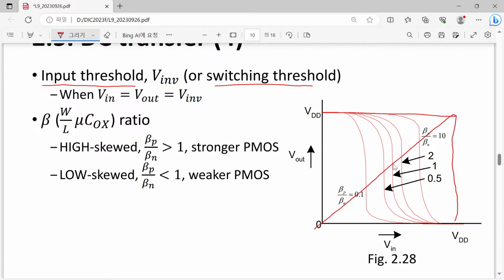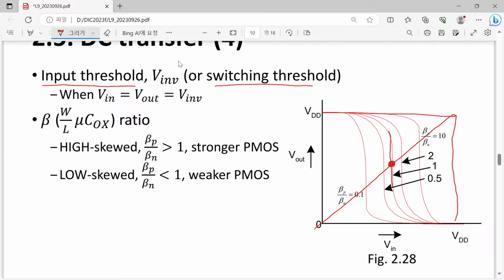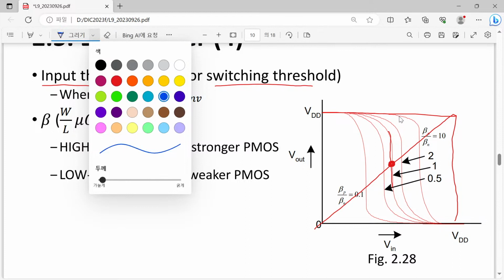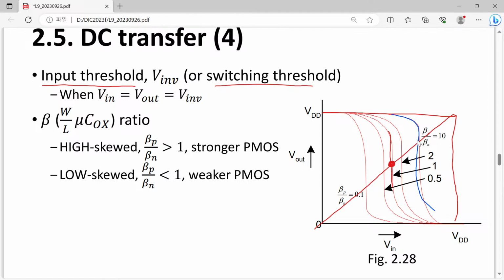Then you will find the switching threshold for this voltage transfer curve. And if we have a different voltage transfer curve, for example another extreme like this, then we will have a much different value of input threshold. So are you with me?